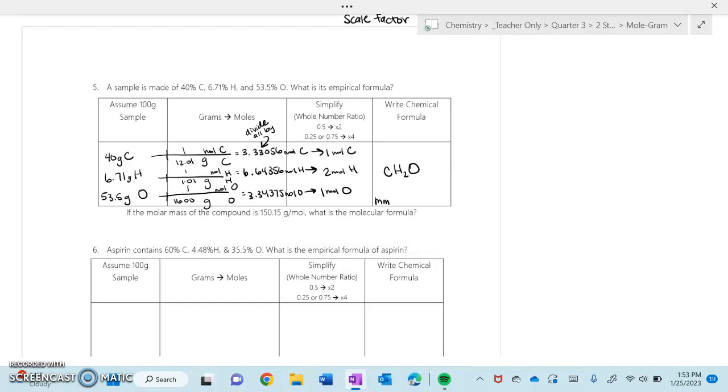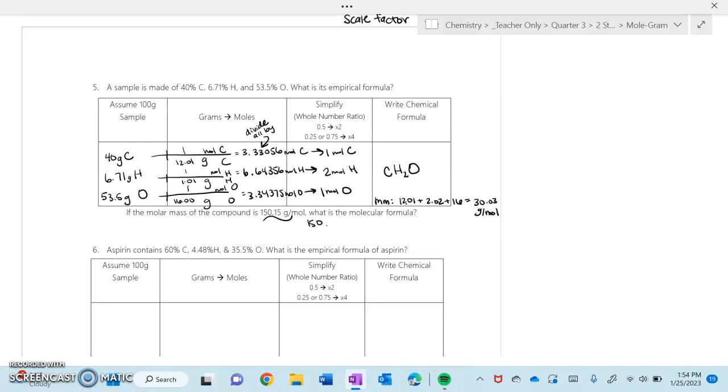I'm going to find now its molar mass, so I can see if there is any relationship to a scale factor of this given molar mass for the molecular formula. So I'm going to add up 1 carbon, 2 hydrogens, and an oxygen to find the molar mass of this compound. And I get 30.03 for its molar mass. And to find a scale factor, I'm going to divide.